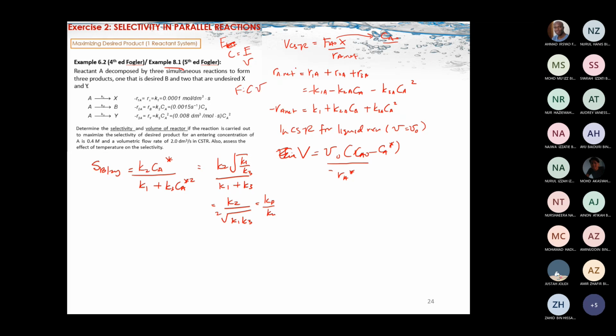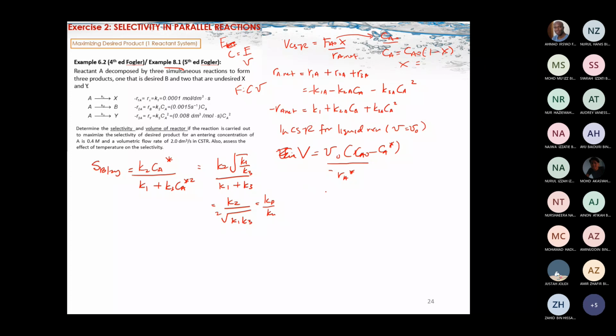Okay, tapi sekarang ni kita tak ada dalam C, dia in term of X. Okay, that's why saya dah dapatkan benda ni lah. Sebab remember CA is equal to CA0 1 minus X. Okay, so X ni is equal to, you manipulate lah benda ni. Alright, so you boleh cancel. That's why you akan dapat this one. Okay, so you kena play around with the equation.